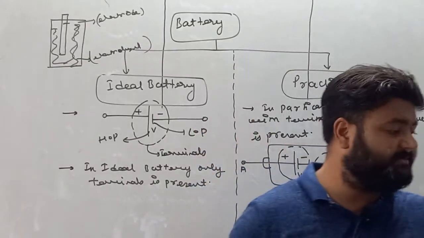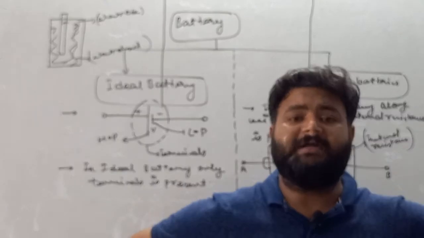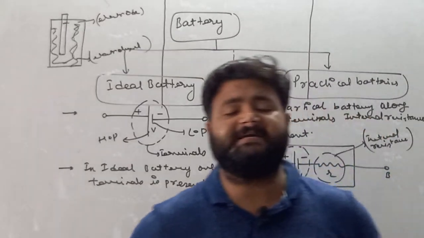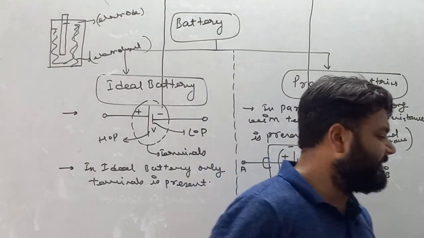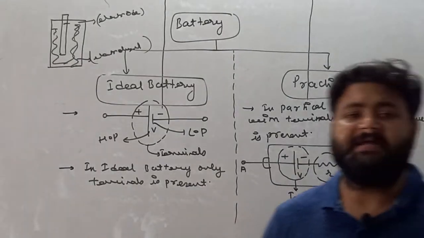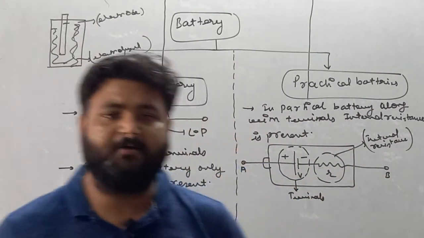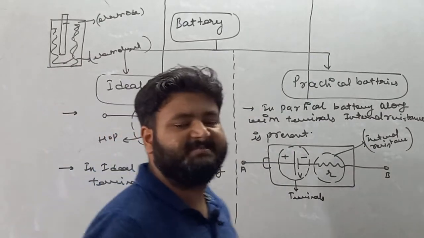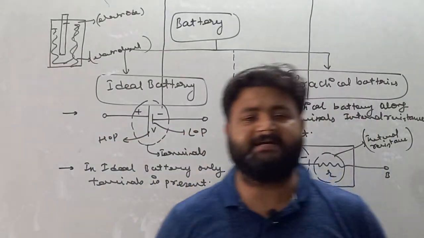Write down in form of question: how is internal resistance created in practical battery?